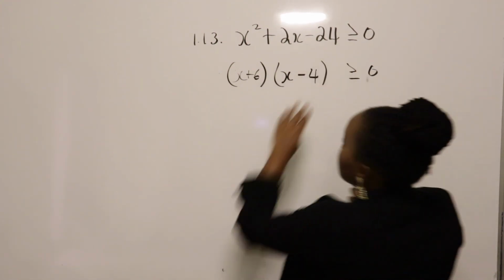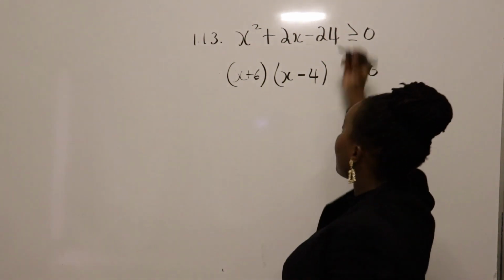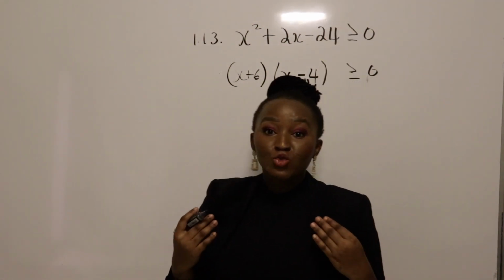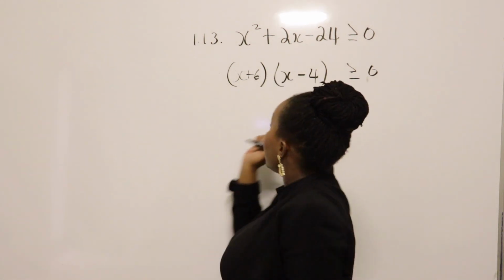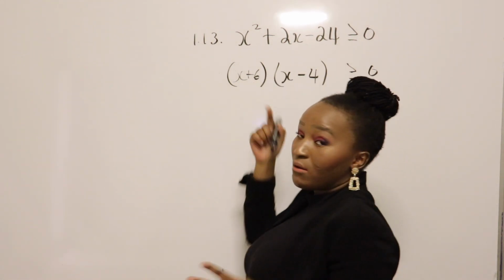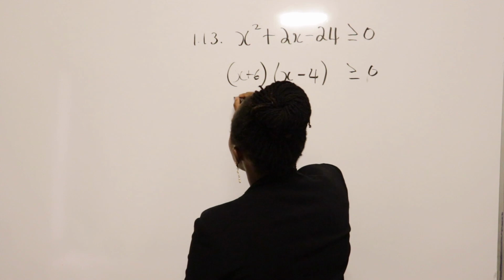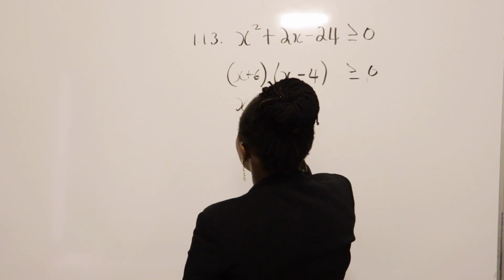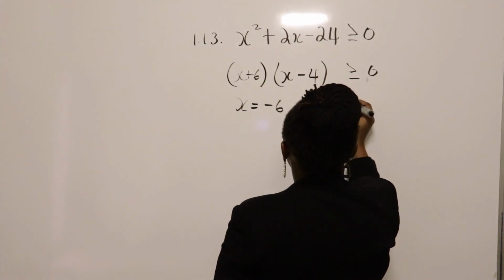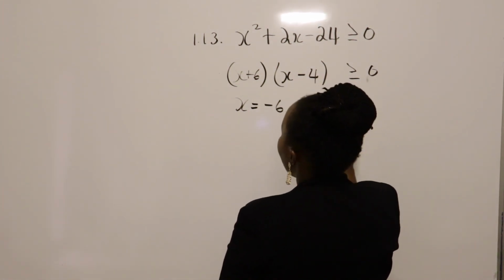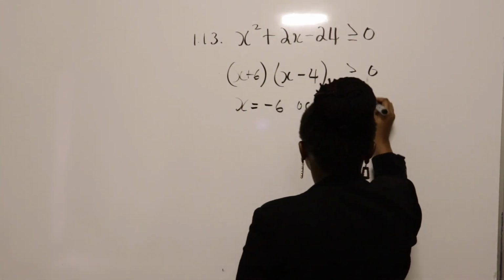You can look at the factors if you want. Say what are the factors of 24? And you'll find that the factors of 24 are 6 and 4. Alright? Cool. Now this will give you x equal to minus 6, or x is equal to 4.